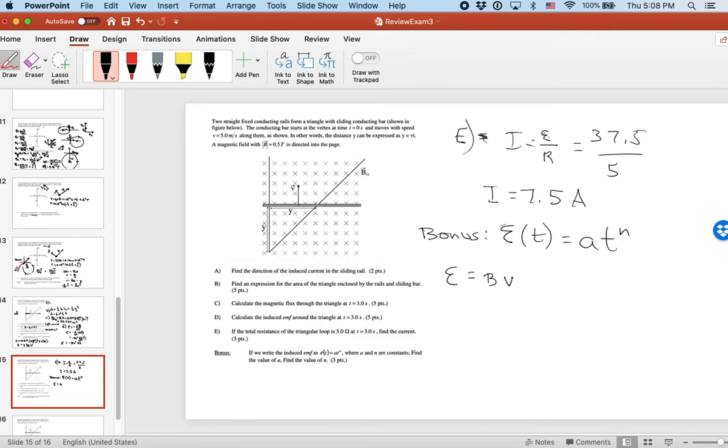B times v squared times t. And if we look at our formula, then we know that this is going to be a, and n, so t to the n is equal to t to the 1. So a is going to equal B times v squared, and that's equal to 0.5 Tesla times 5 meters per second squared, and n is equal to 1. And so my a is going to equal 12.5 Tesla meter squared per second squared.